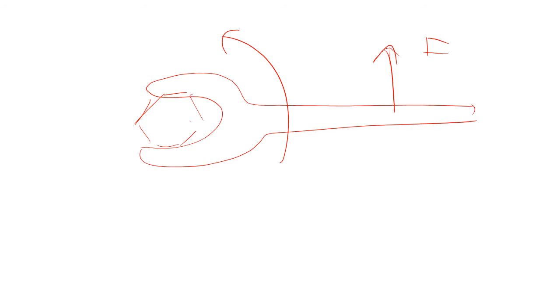Now if R is this way and the force is up like that, then by the right-hand rule, the torque vector is coming out of the screen at you. And so again, for every force, there's an equal and opposite force. Therefore, for every torque, there's an equal and opposite torque. And this is a problem.